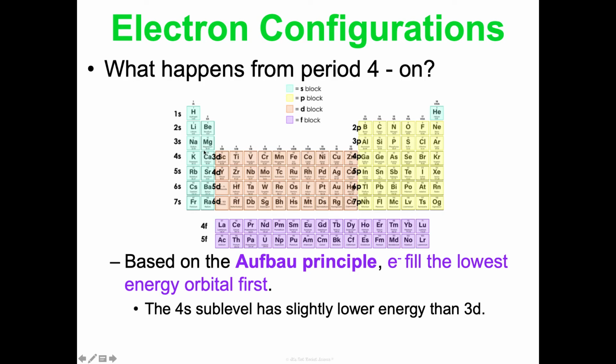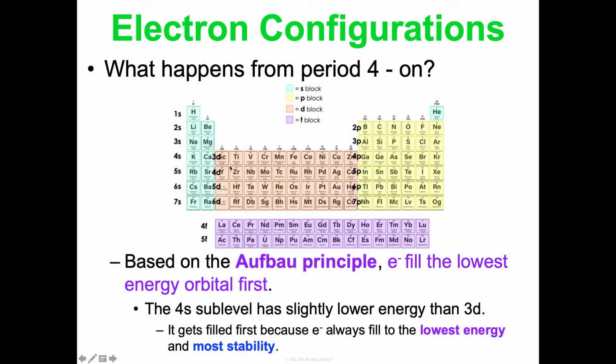And so the 4s sublevel, that orbital, actually has slightly lower energy than 3d, which is why it goes first. So technically, the 2 electrons will put themselves in the 4s before they start filling the 3d orbital. It gets filled first because it always fills the lowest energy level, with the most stability.